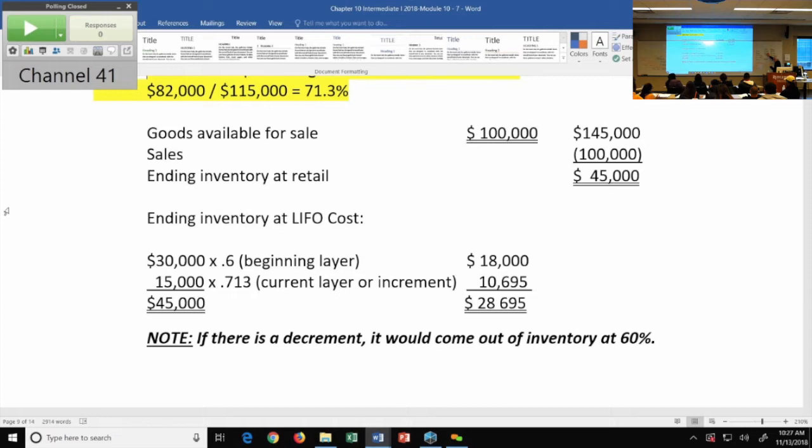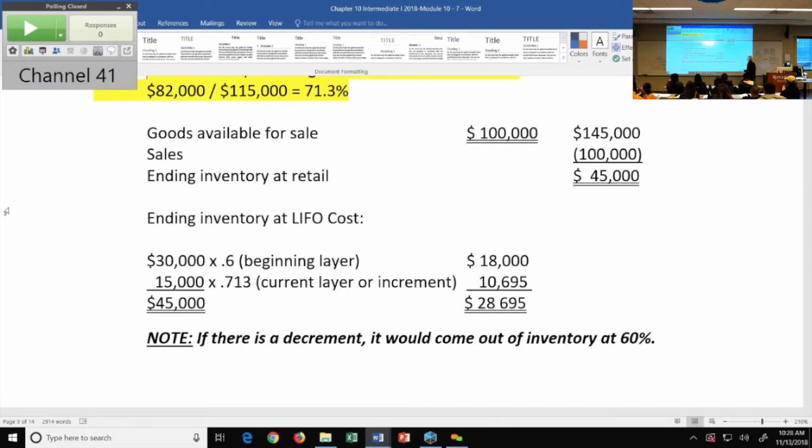In this case, it's simple because it's got only one line, it's 18, so you don't really have to do that. But just remember that next year, this becomes the beginning layer. And it's got 2 layers embedded. So you just can't assume that it's going to be what you see up there for beginning inventory. Beginning inventory may be broken out into layers.